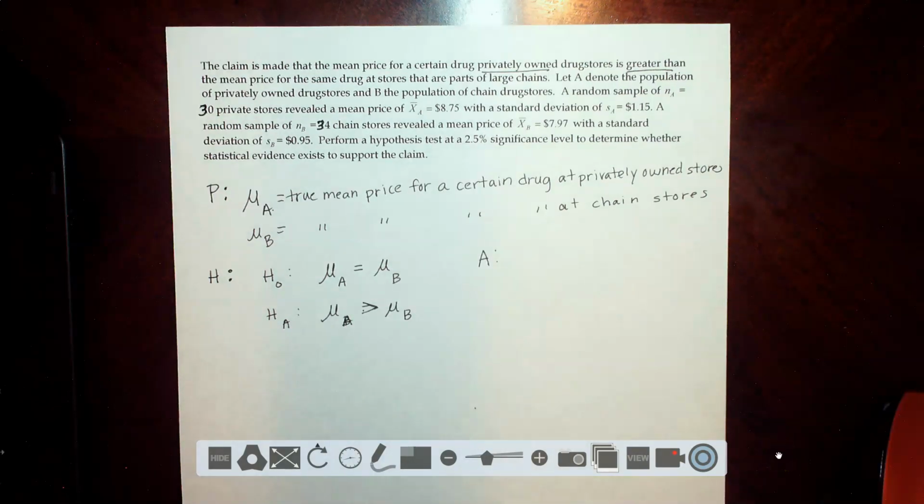Okay, we're going to go on and in this case go through our assumptions. You can see that I went ahead and switched the numbers up there. I realized for the purpose of this problem it'll make it a little easier. So for our assumptions, we have to have our random conditions, right?